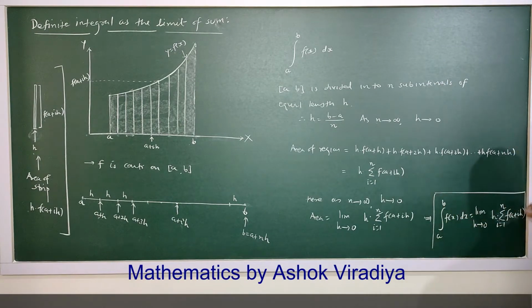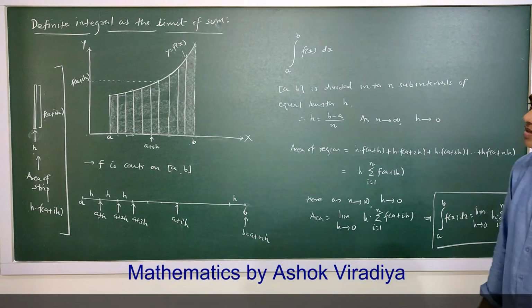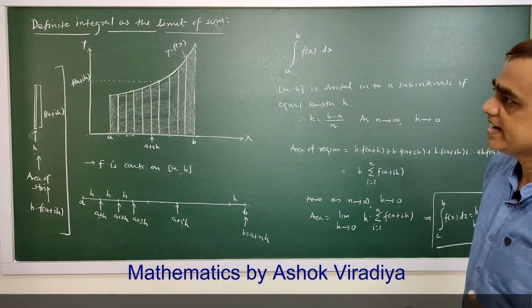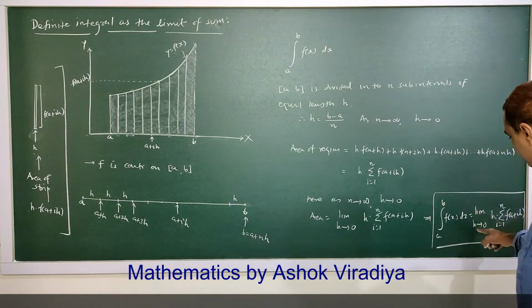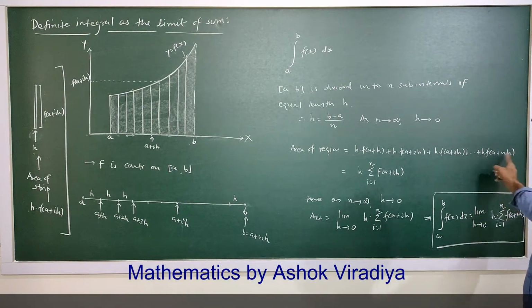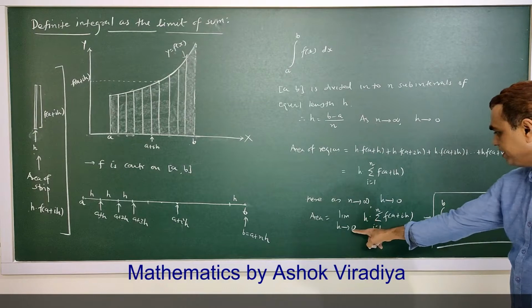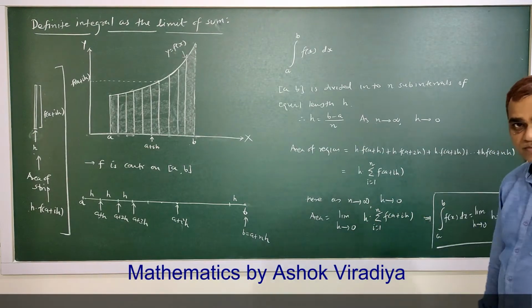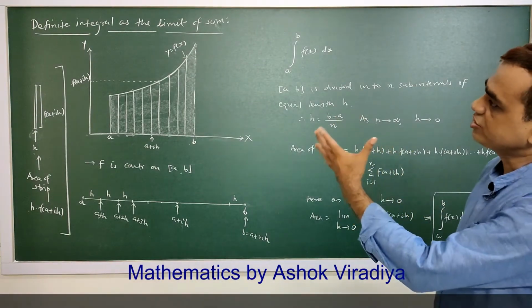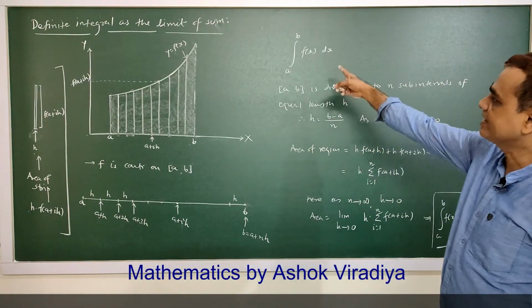So this is the method to find the value of a definite integral as a limit of a sum. This is the sum. So the limit of the sum is the area of this region. So this is the meaning of a definite integral.